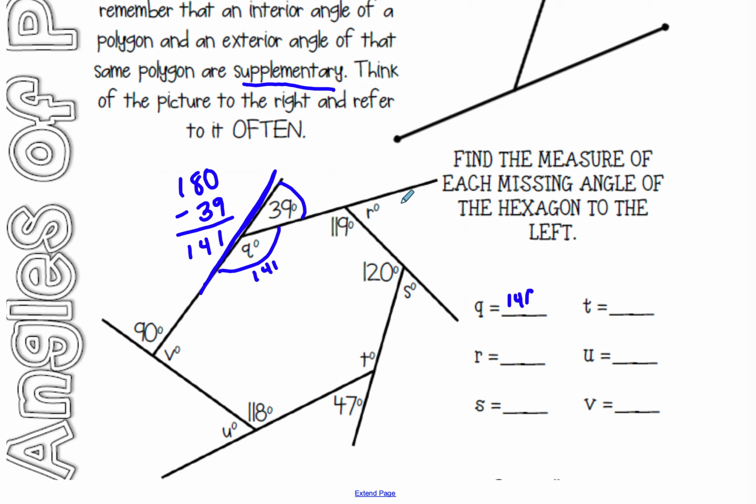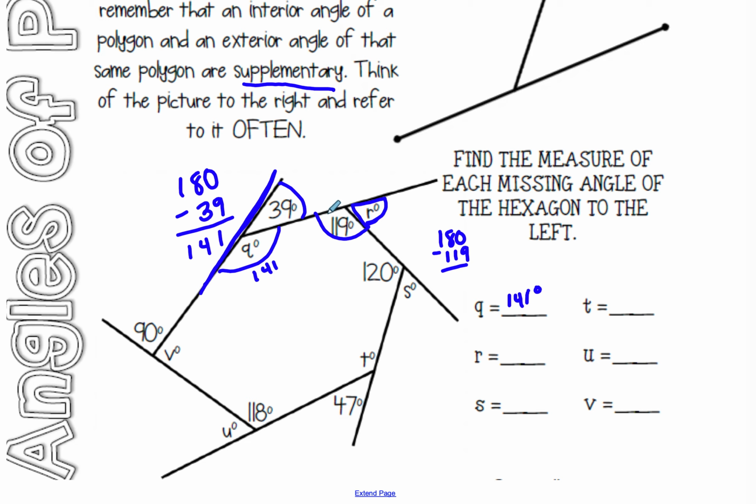Okay, now I'm going to go around the circle. I'm going to look for R. R is supplementary to the exterior angle that connects to it, which is 119. In order to find R, I need to subtract 180 minus 119.